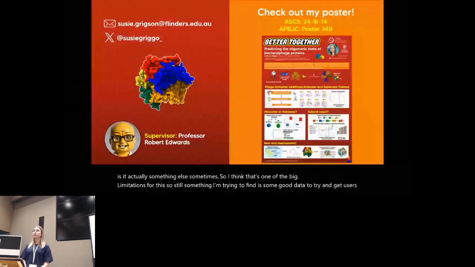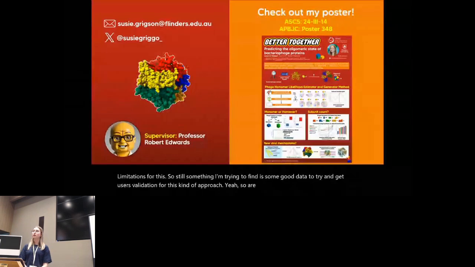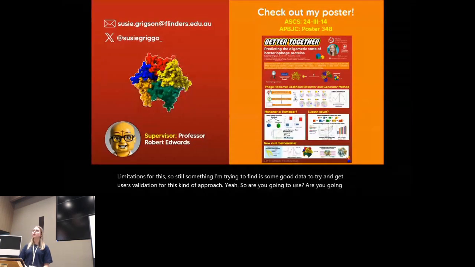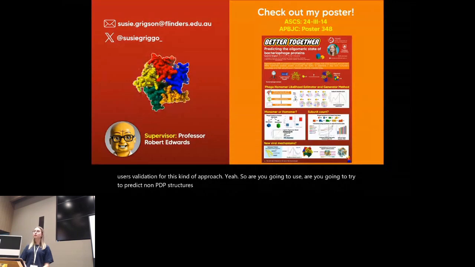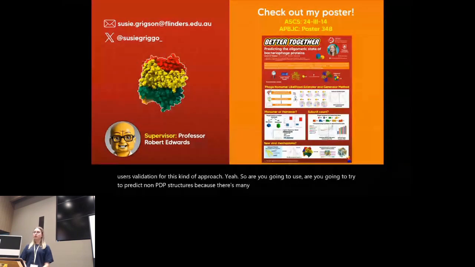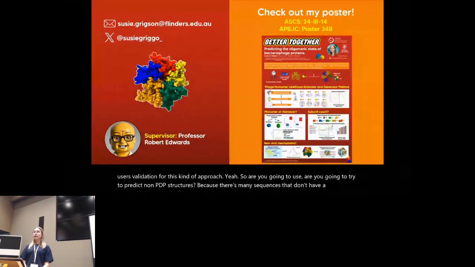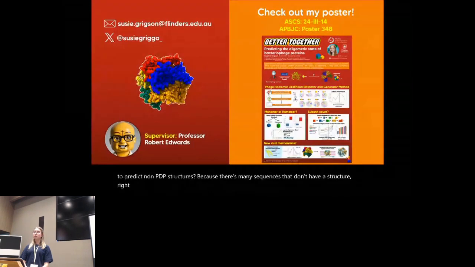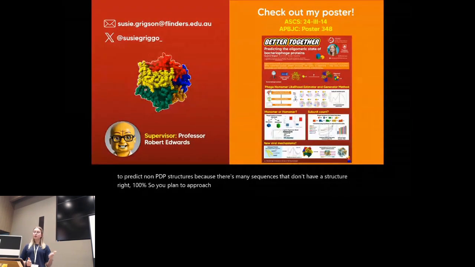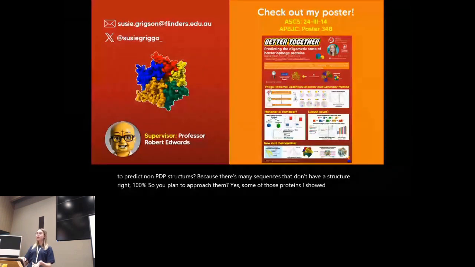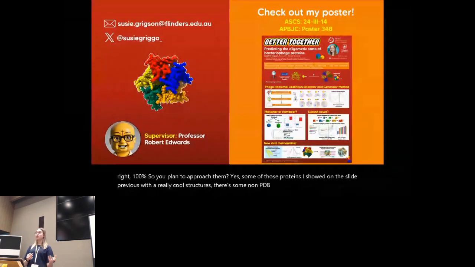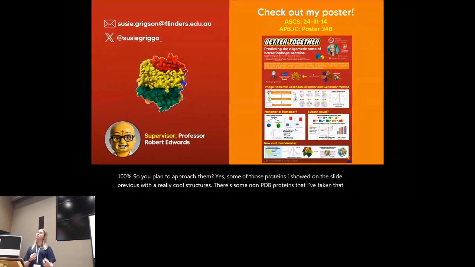Yeah. So are you gonna try to predict non-PDB structures, because there's many sequences that don't have a structure, right? 100%. In PDB. Yeah. So you plan to approach them? Yeah, so some of those proteins I showed on the previous slide with the really cool structures, there's some non-PDB proteins that I've taken that aren't deposited already, and I've made predictions for them.